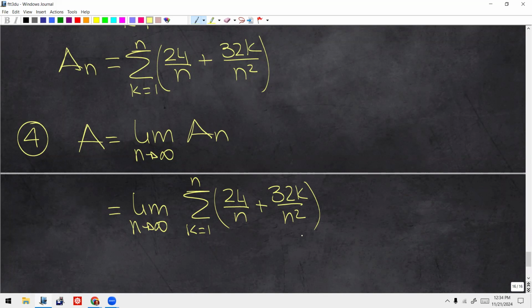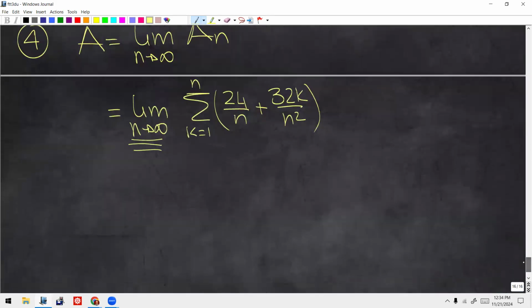What I'm going to do next, I could have done up here, and maybe in the next problem I'll do up here, so we don't have to keep writing the word limit all the time. Is that okay? So maybe next problem I'll do that, but let's finish this. Are we good so far?